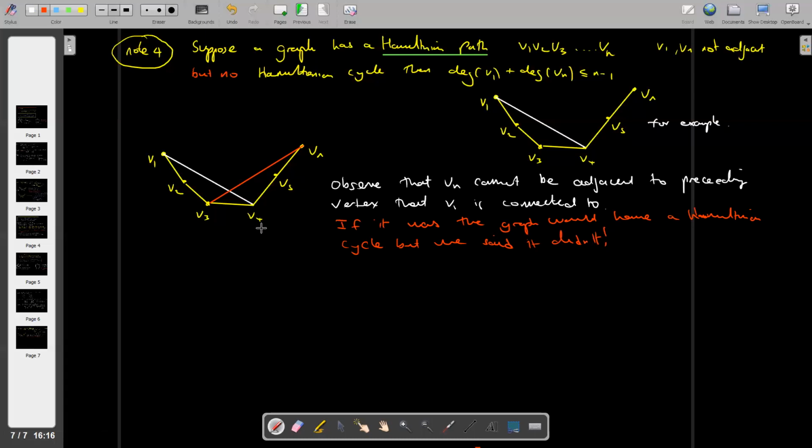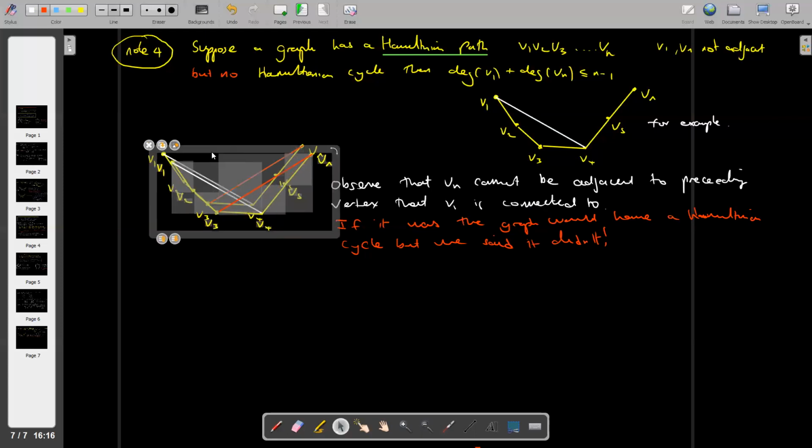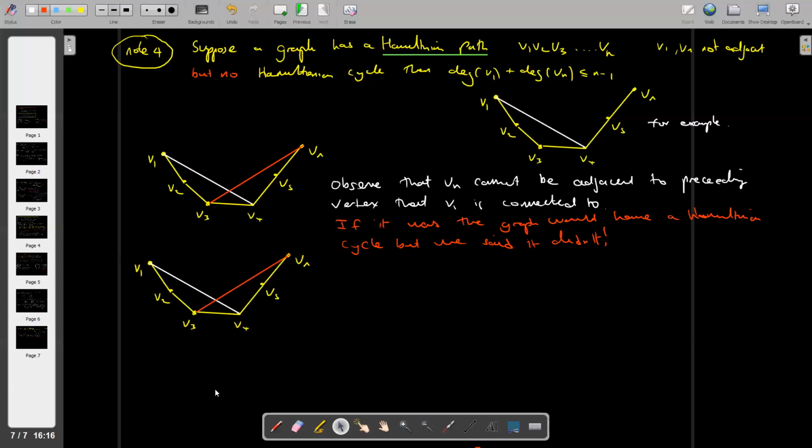So if V1 is connected to, say, V4 here, then Vn cannot be connected to V3. It can't be adjacent to the preceding vertex that V1 is connected to. Okay? The reason for that is that we can show it would have this cycle.